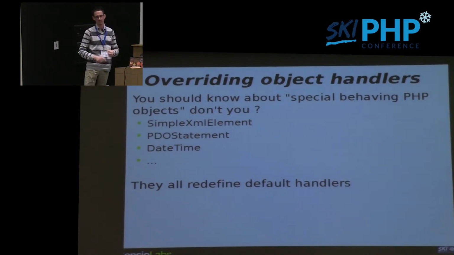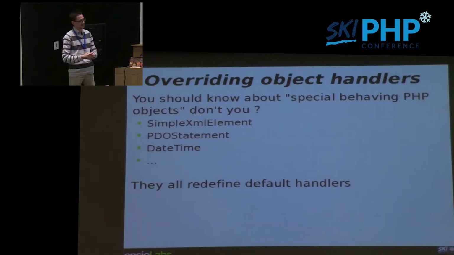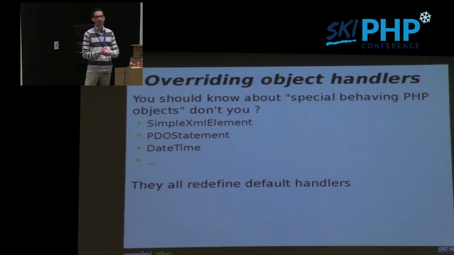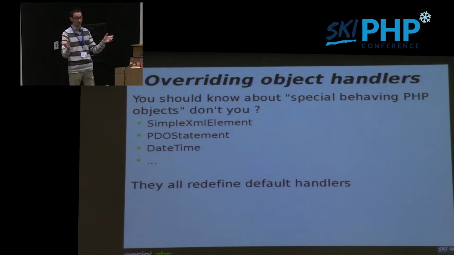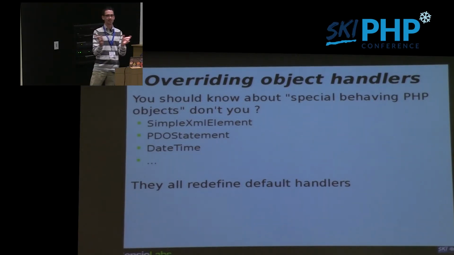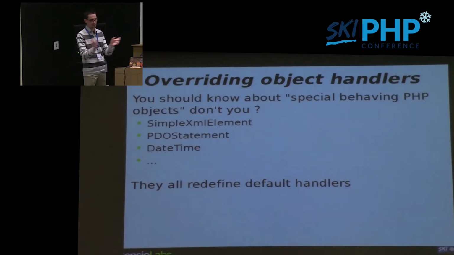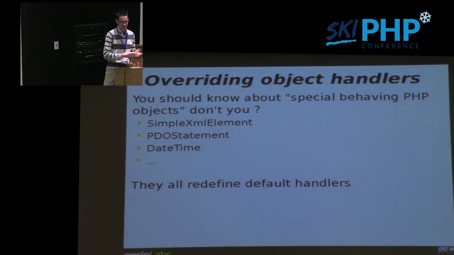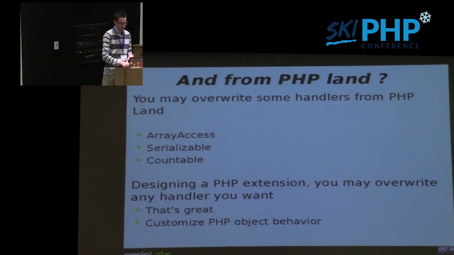All the handlers have been redefined in SimpleXMLElement. DateTime as well has redefined the compare. You can compare two DateTime objects and it compares the dates inside the object, because we redefine the compare handler of DateTime. It compares things internally. You can do many things internally from PHP.